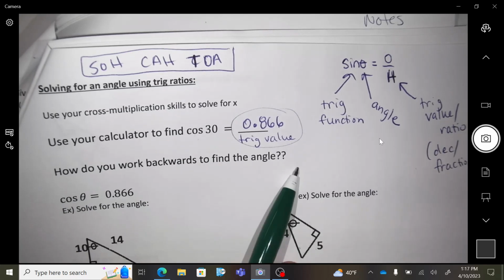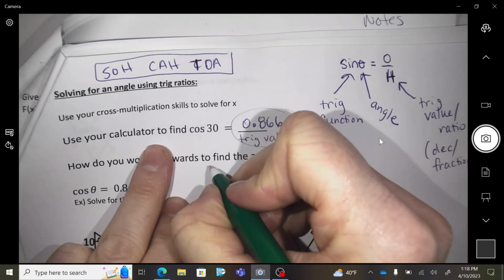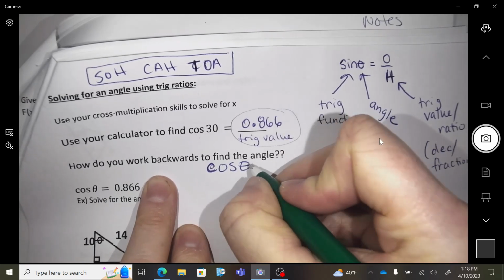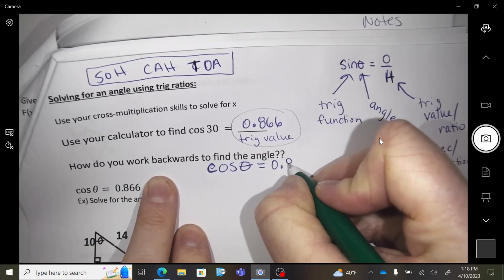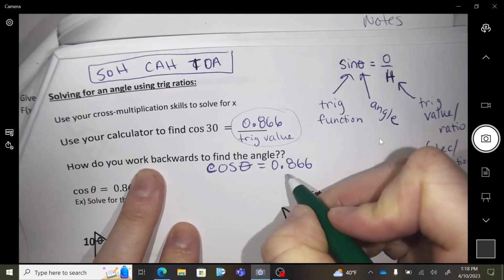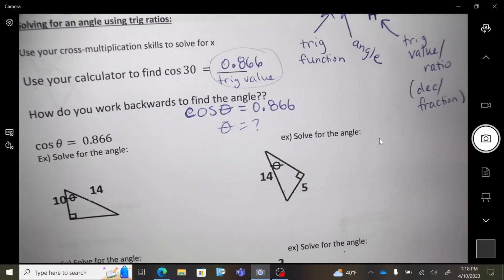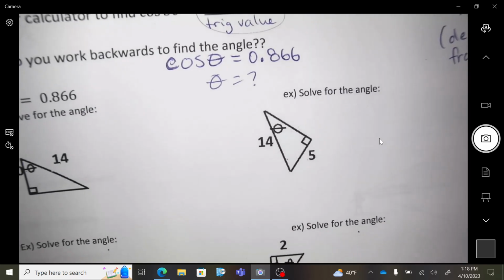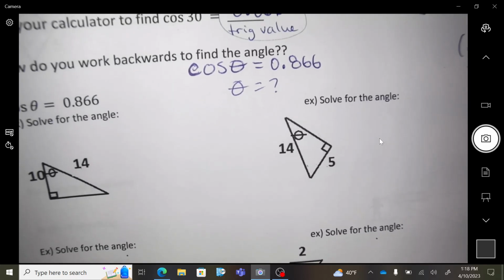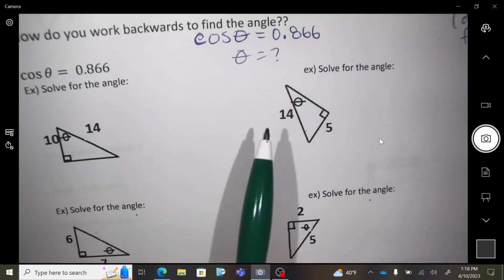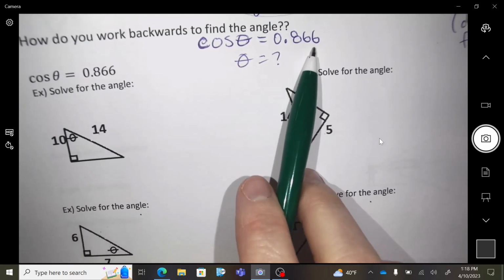How do we work backwards to get the angle? So what if I make this statement? Cos of an angle equals 0.866. How do you solve for the angle? The cos of some angle equals this.